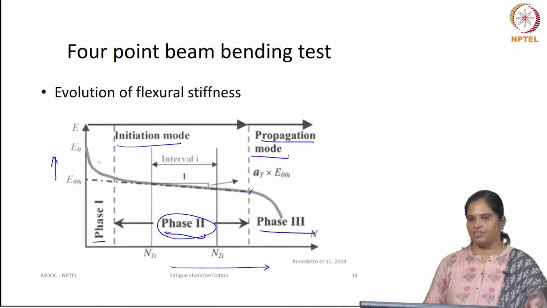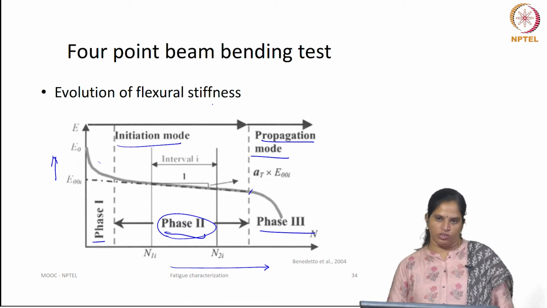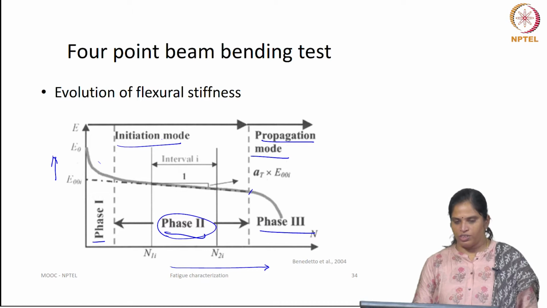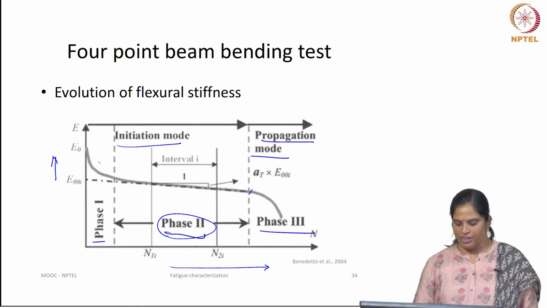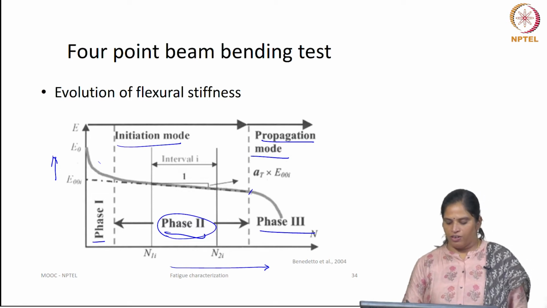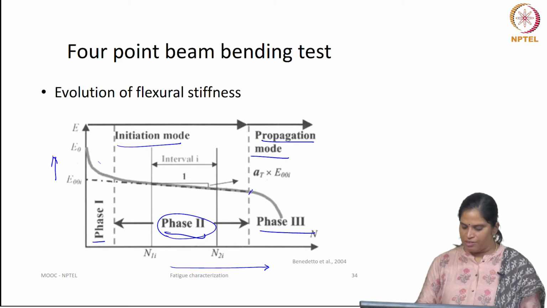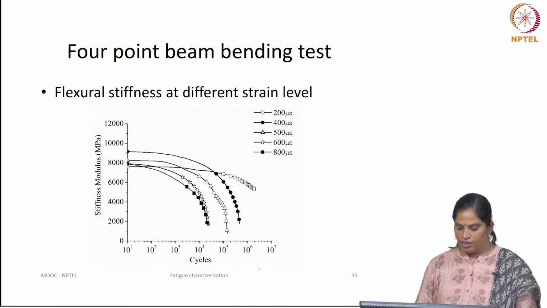Again, it is a hypothesis: in phase 2 the micro cracks start forming, and in phase 3 all these micro cracks coalesce and the crack propagates, and due to that the stiffness reduces drastically.